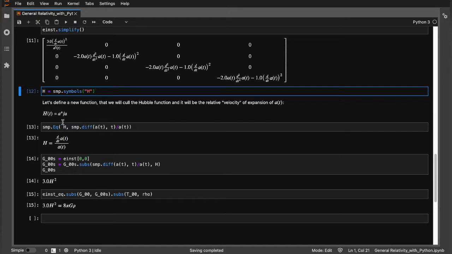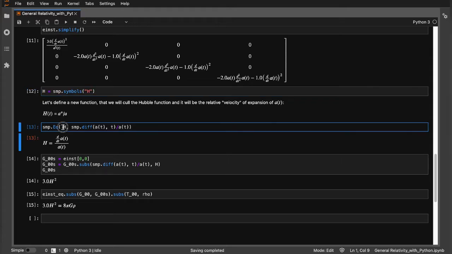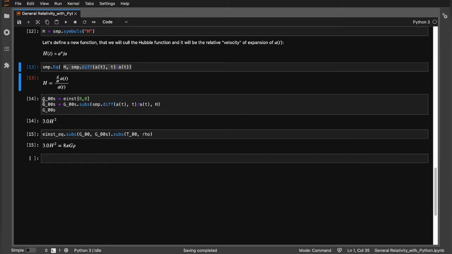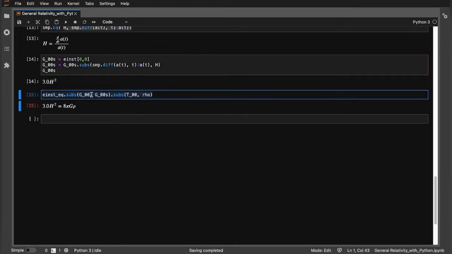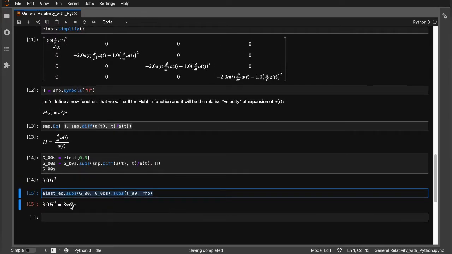If I describe H(t), it takes the SymPy equation module and gives H equals the differentiation of a(t) divided by a(t). This is the Hubble constant, and then we describe it for G00, and hence we get in the end 3H squared equals 8 pi G rho.